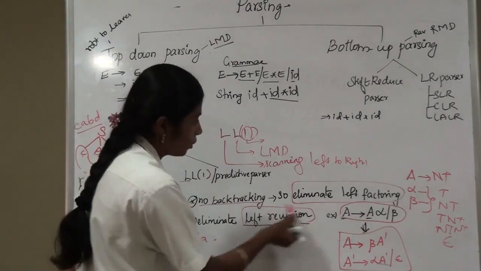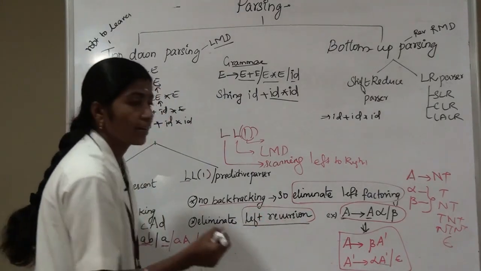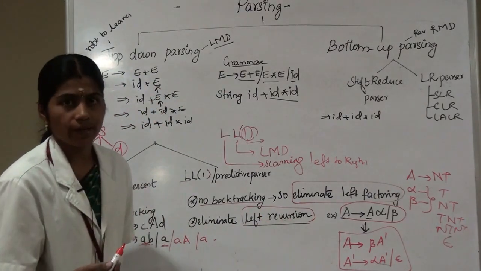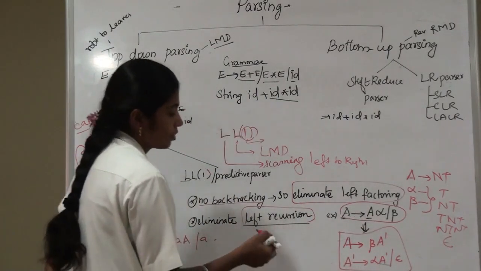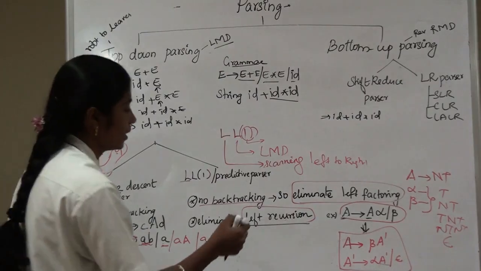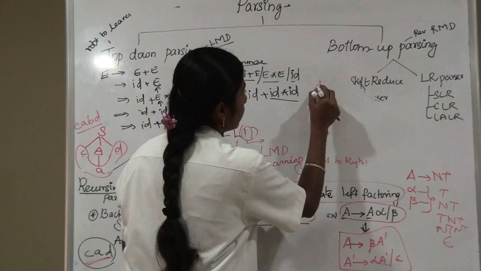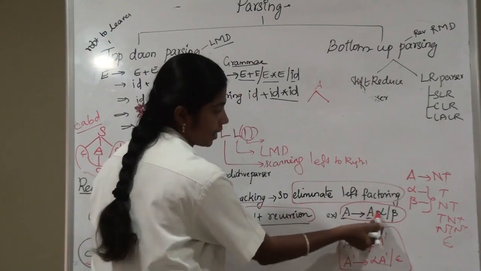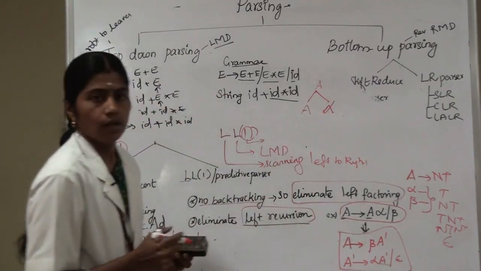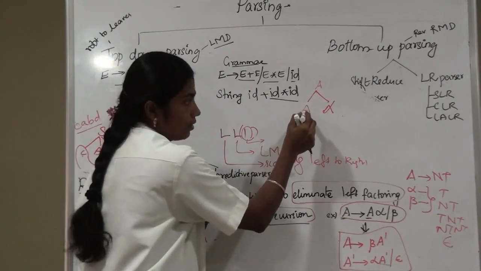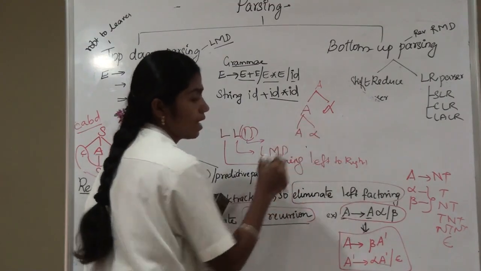If your production is like this, we say it is recursive because it repeatedly calls itself. See this production, A derives A alpha. Suppose you try to construct a tree for it. A derives A alpha, and repeatedly I can define this A with the alternative A alpha.